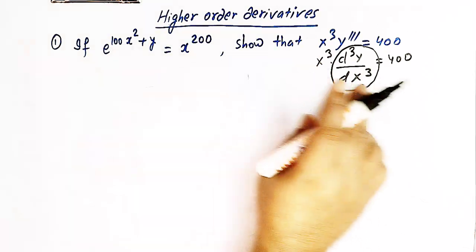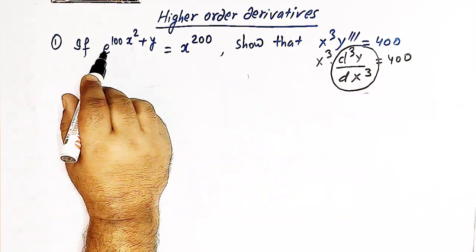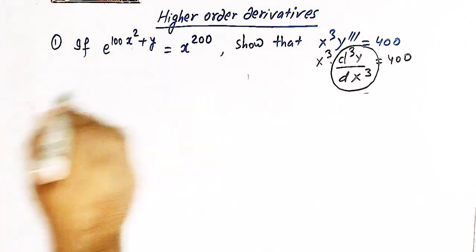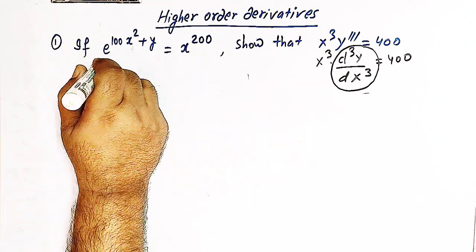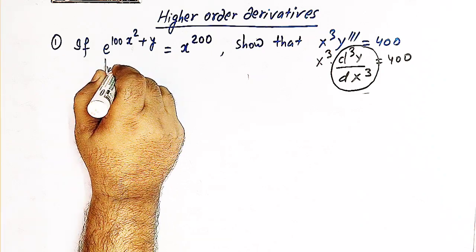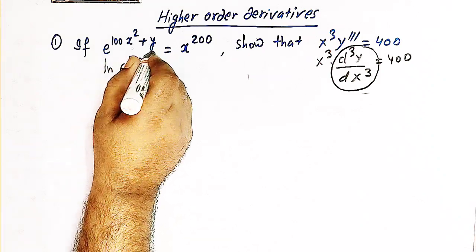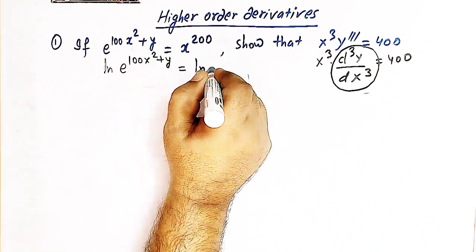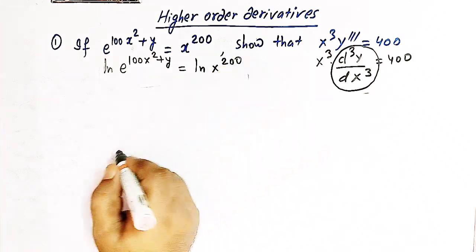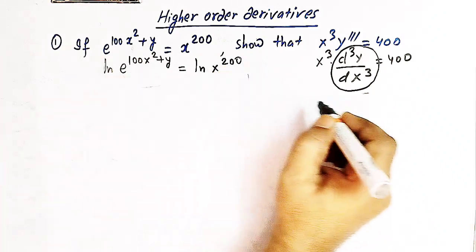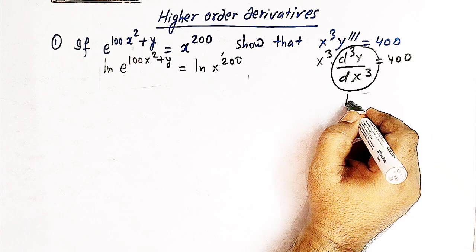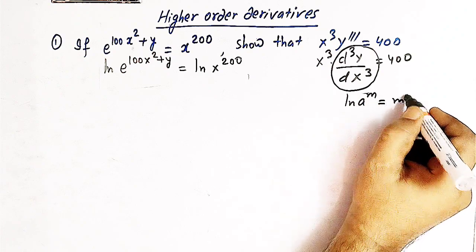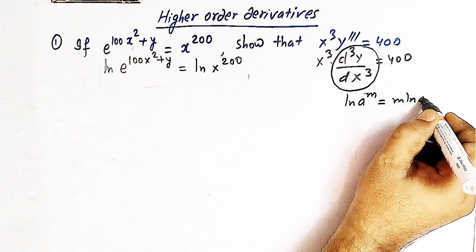Now to arrive at this result, we'll take help of logarithms and take the natural log of both sides. So we have natural log of e raised to 100x square plus y is equal to the natural log of x raised to 200. Here we can make use of this property of log, that is log of a raised to m is m times the natural log of a.